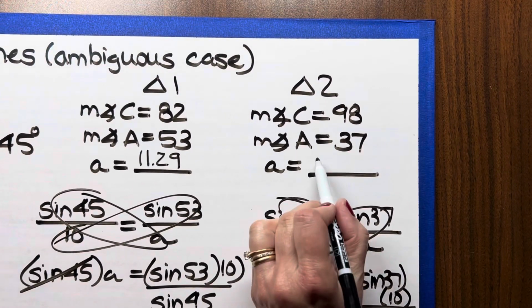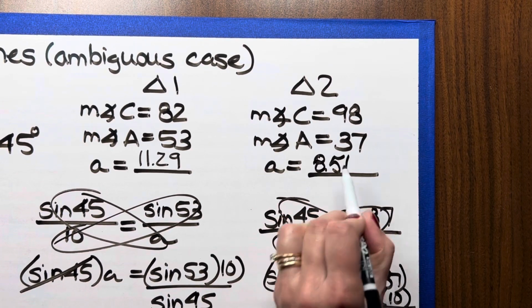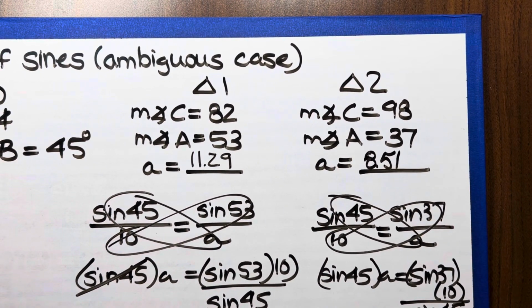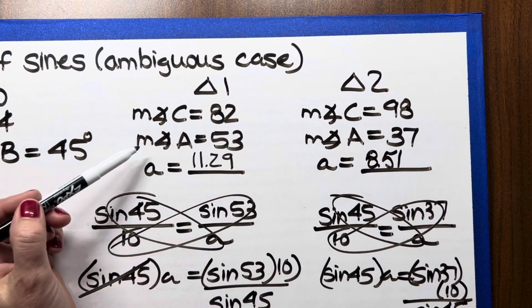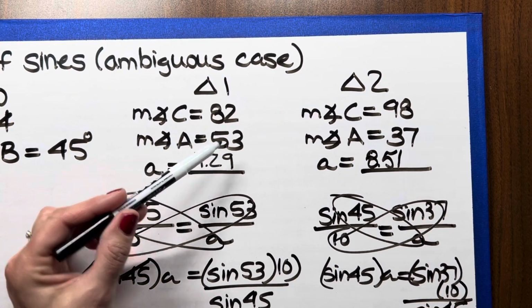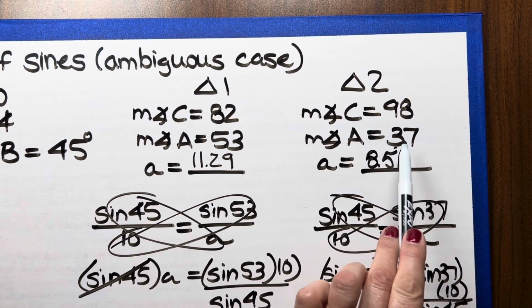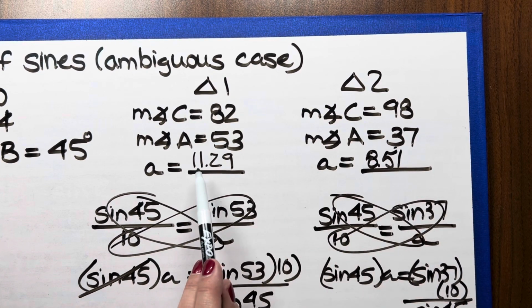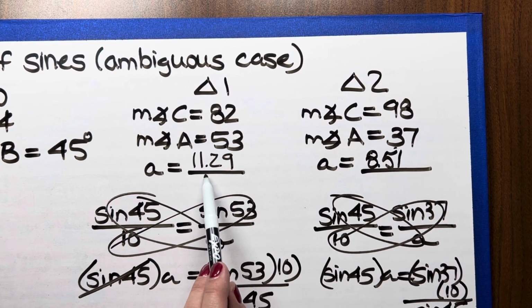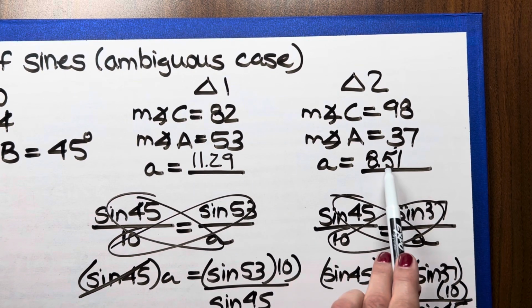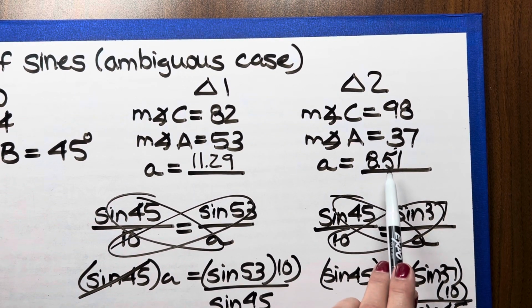So one thing I want you to notice, and this is not a 100% sure way to check your answer, but on my first triangle, angle A was bigger than the triangle 2 angle A. And so my side length for A should be longer than my side length for A in triangle 2.